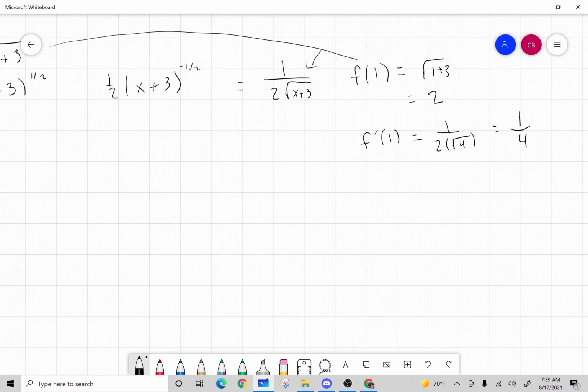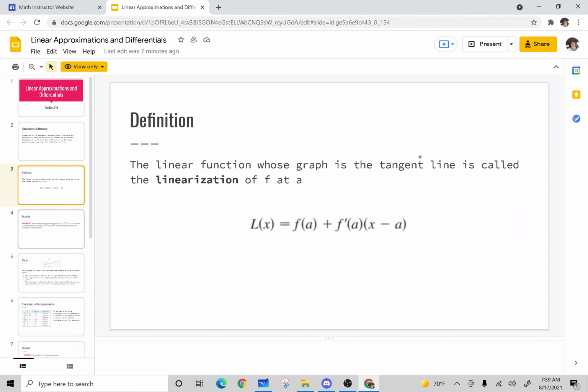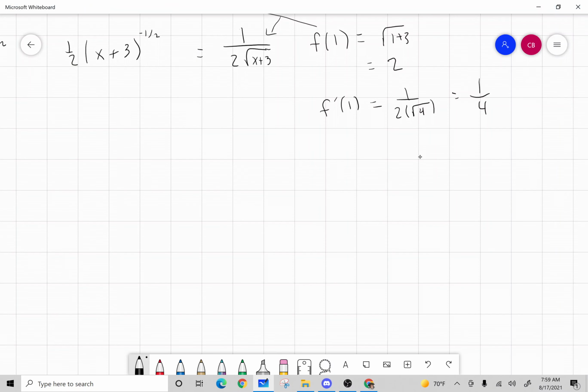Now let's use these values in that formula. The linearization of x is equal to 2 plus 1/4 times x minus 1.